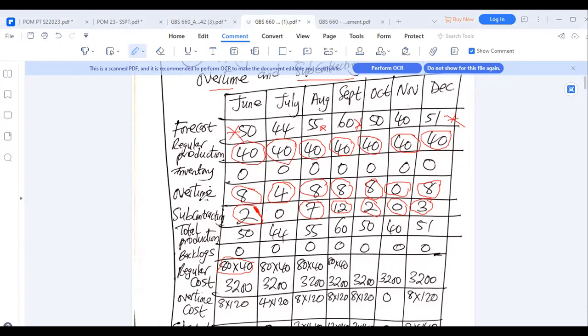Of course, now we need also to factor in the overtime cost, because on the regular basis we're producing 40 units, and we know we are supposed to have the total production as per the demand forecast. So that's why we make sure we go for overtime where we have a shortage to meet the demand of 50, and then the remainder we can subcontract.